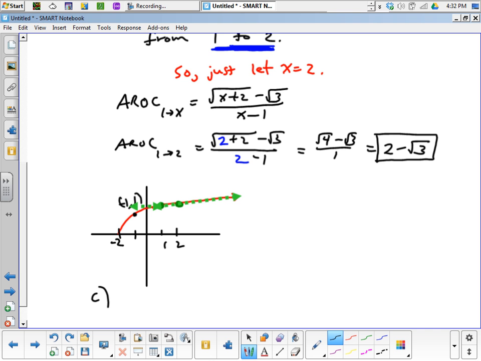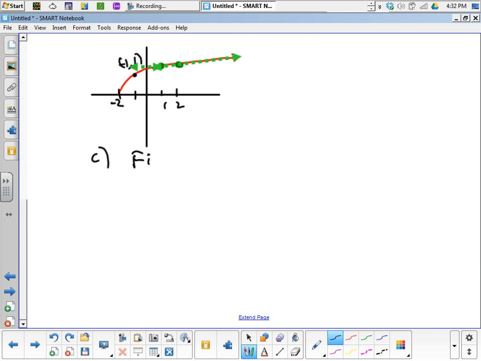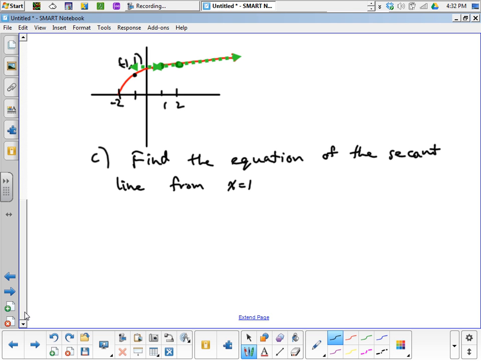So part C would be: find the equation of the secant line from x equals 1 to x equals 2. So that's that green line. We're trying to find its actual equation.